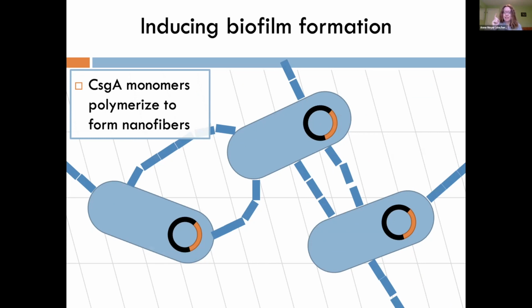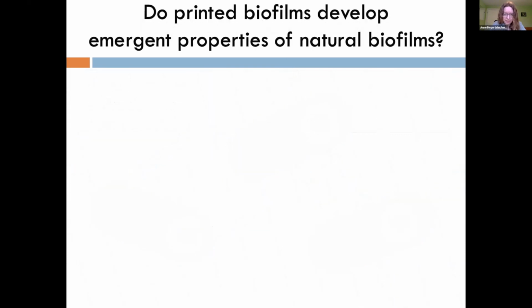These fibers are the major proteinaceous component of the extracellular matrix of many types of biofilms. It's what sticks the bacteria together and sticks bacteria down to a surface. So this is what we can engineer production of in our 3D printed microbes. So, we show that we can produce these curli fibers in our printed bacteria, but now, do they act like natural biofilms?